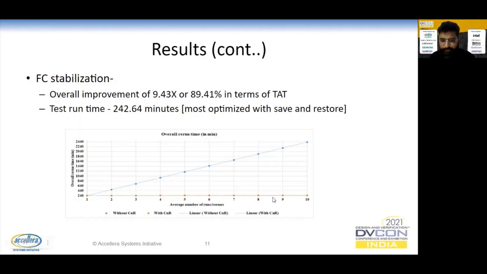It will be almost linear, almost horizontal. Whereas if we don't have the tool and we go for full simulations, the time will keep on increasing with each and every iteration. If I assume there are 10 iterations to fix 1000 bins, then the improvement factor will be around 9.43x.